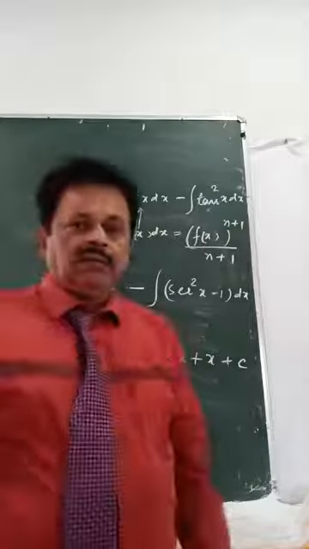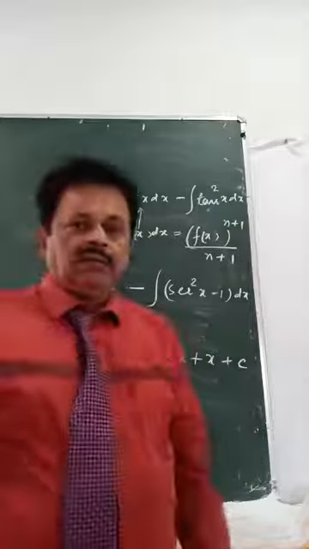Now you see what is about sin fourth x. Because sin square you did, sin cube you did, what about sin fourth x? How are you going to do this question? So here, this I can write sin square x whole square.